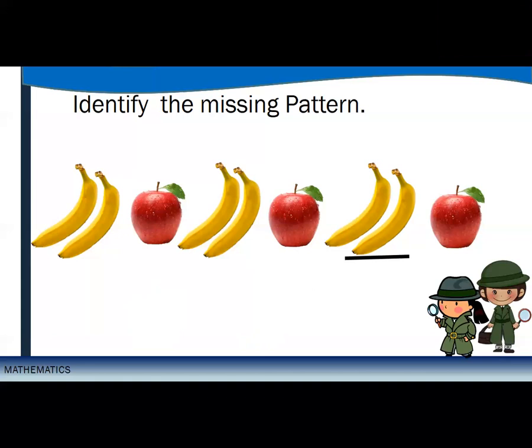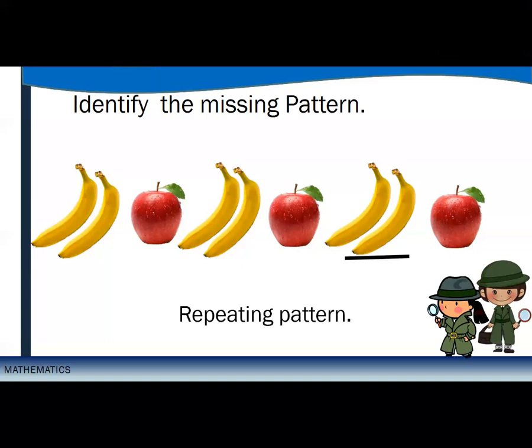Now, what is the rule of this pattern again, boys and girls? Let's remind ourselves, it is easy to identify what is the missing pattern if we number them. Let's look at this.